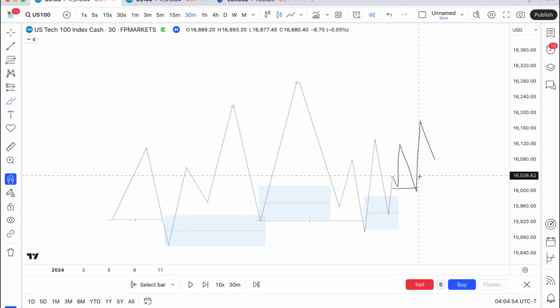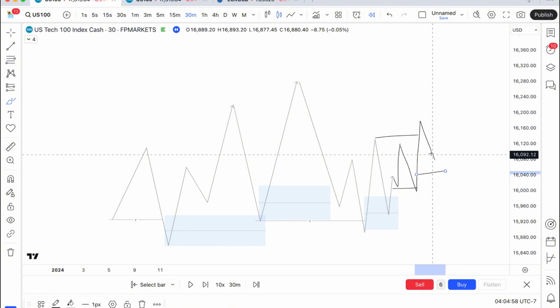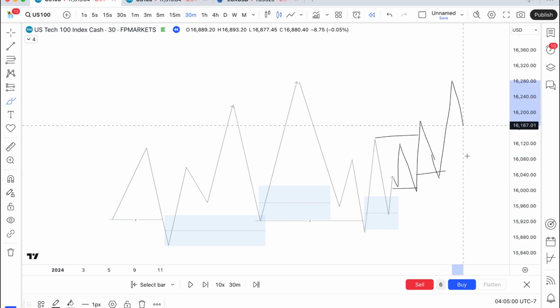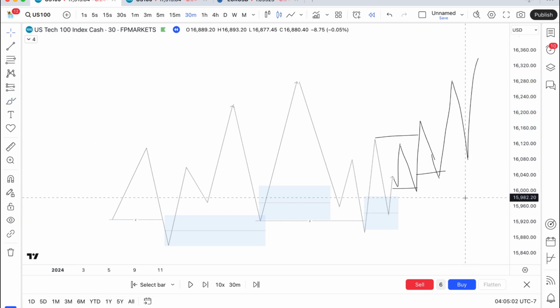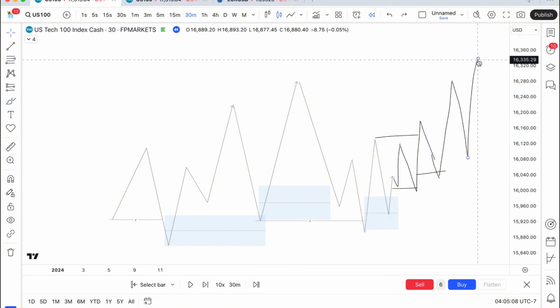You can enter from here if you want, obviously. Here's another break, another sweep. This is where you can just get in positions just like this. Now eventually price is going to overextend, be overbought, but this is just to say that momentum is also key in finding the direction.